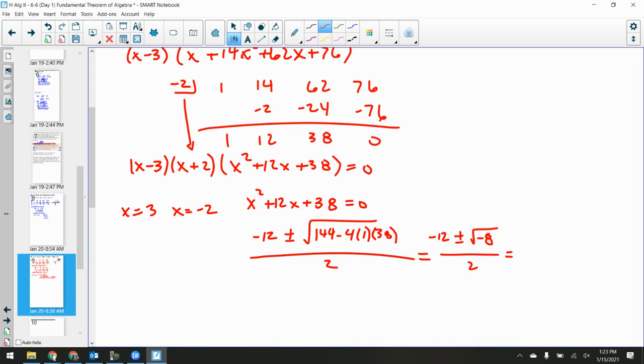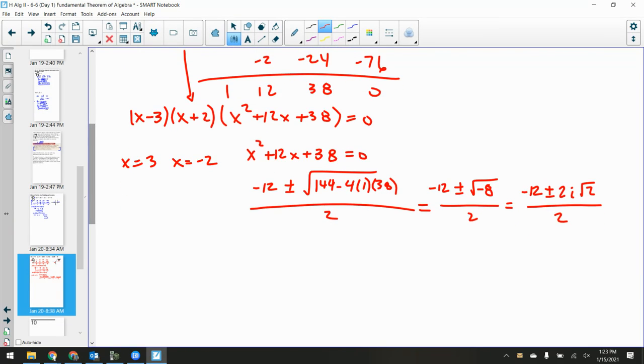Okay, the square root of negative 8. The negative gets an i, and then the square root of 8 is 2 radical 2, because it's 4 times 2. So negative 12 plus or minus 2i radical 2, all divided by 2. Reduce the fraction. So I'm going to get x equals negative 12 divided by 2 is negative 6.